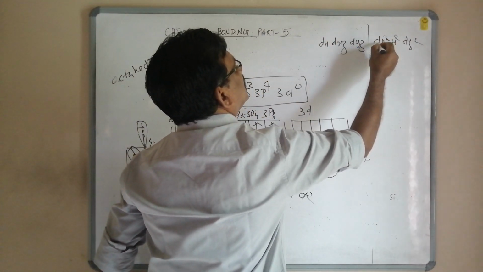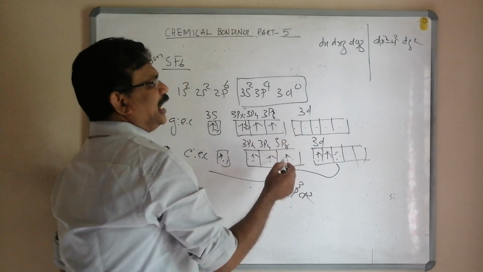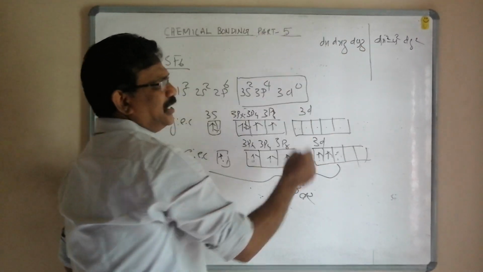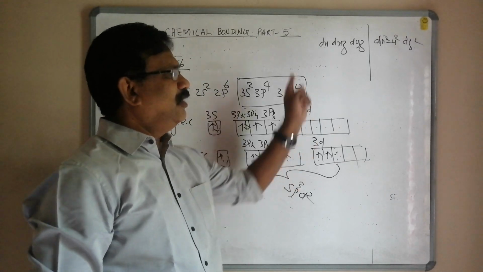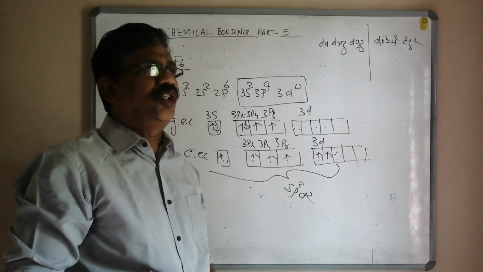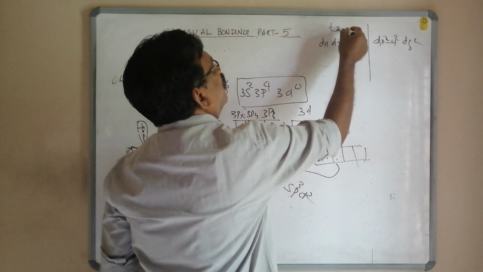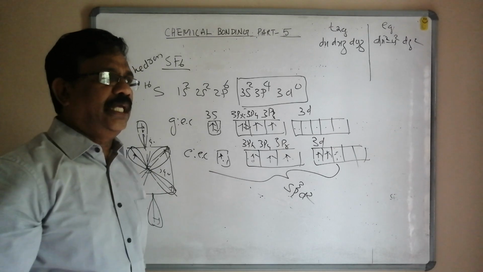We can divide these 5 d orbitals into two sets. These three orbitals are called t2g orbitals, and these two orbitals are called eg orbitals.